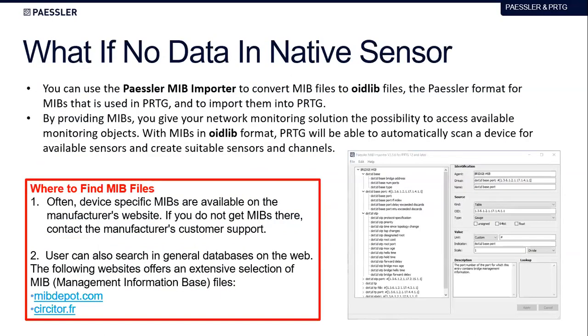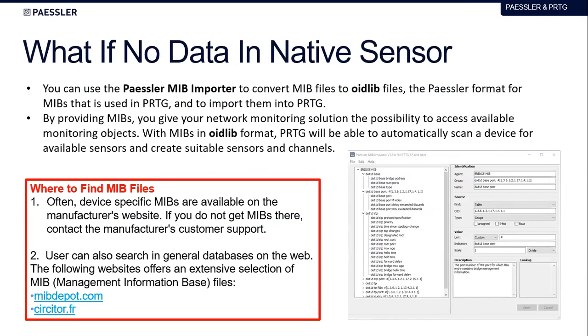Okay, so if there is no data inside the native sensors, or some of the sensors are ones that PRTG does not support, you can import the MIB file into the PRTG core server. The Paessler MIB Importer is a free tool, so you can import into the core server accordingly.